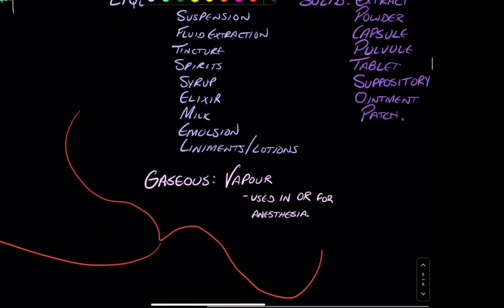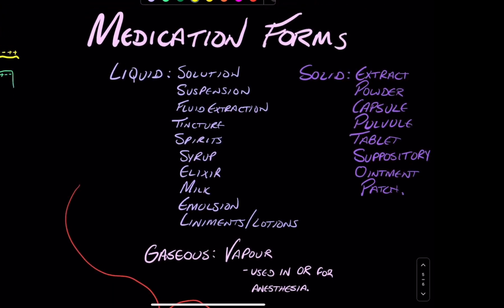Medications come in a wide variety of forms. Obviously, most of these we give in the ambulance or in the pre-hospital setting, and these are going to elicit different modes of action or onsets of action. So in liquid forms, there's quite a large list of them.